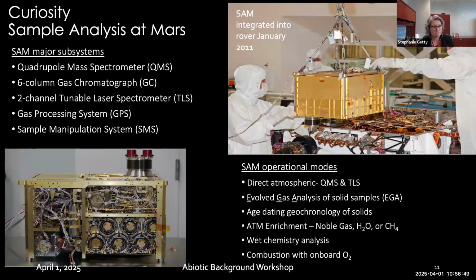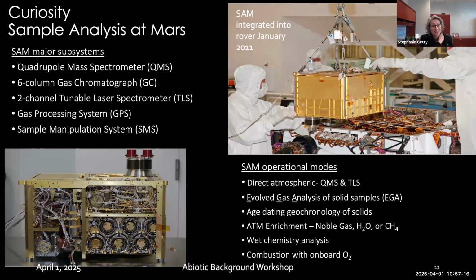And there are a number of modes that SAM has enabled over the years it has been operating on Mars. So of course you can do direct atmospheric ingest, make isotopic measurements, and resolve the mass to charge ratio of those atmospheric constituents. You can take solid sample from the surface and evolve that sample through heating, through evolved gas analysis.